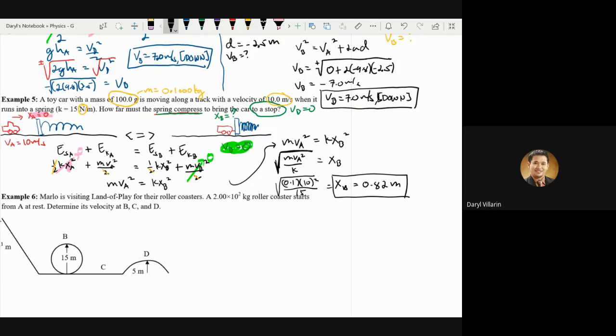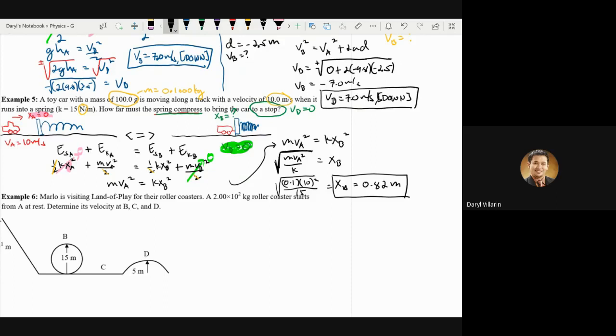But if you use dynamics, Newton's laws here, there should be a two-step process. You use Newton's law to get the acceleration, and then once you get the acceleration, you can use the kinematic equation to solve for this displacement.